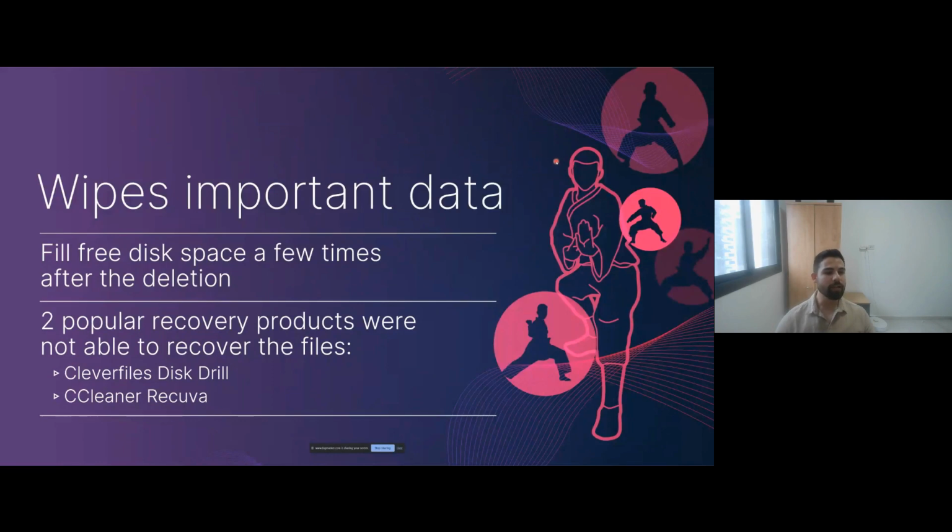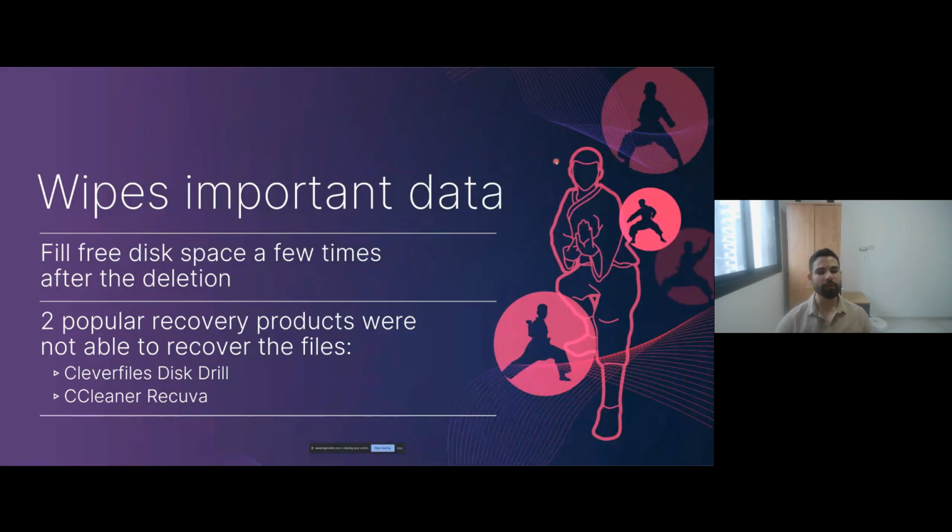But if you remember, in the beginning of the talk I mentioned that there is a crucial difference between a deletion and a wipe. So I still needed to overcome this gap somehow, but this was actually pretty simple. All I really needed to do is, after the reboot, after the files are deleted, fill the free space on the disk a few times with random bytes in order to make sure that any content left on the free space is overwritten by random bytes.